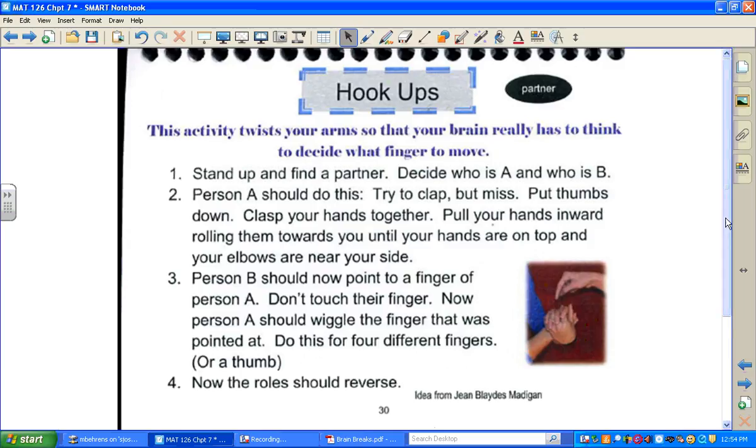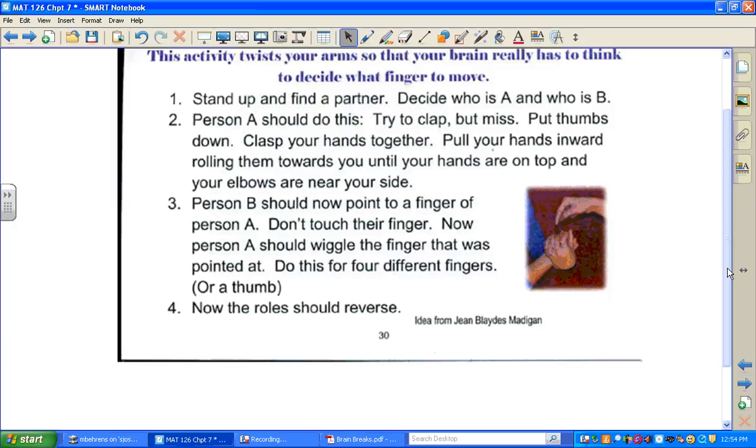Now, person B should point a finger to person A. Don't touch their finger. Now, person A should wiggle the finger that was pointed at. Okay? And do this for 4 different fingers. And then try to do a thumb. Okay? I point to you.